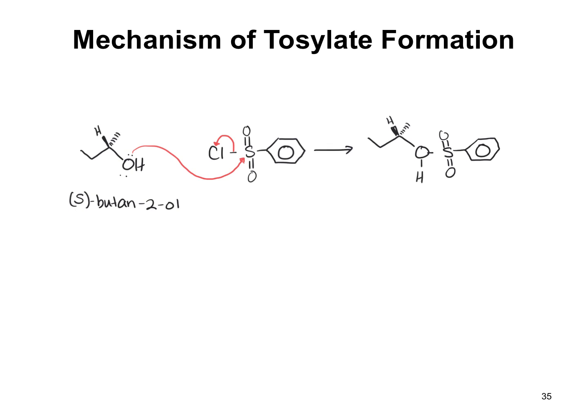And now we have a protonated alcohol, and pyridine can come in and steal that proton in a proton transfer mechanism, and then those electrons go back on the oxygen.